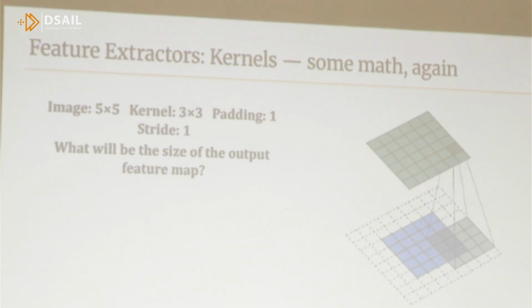4 by 4. Okay. So how did you get to 5 by 5? Walk us through your intuition.